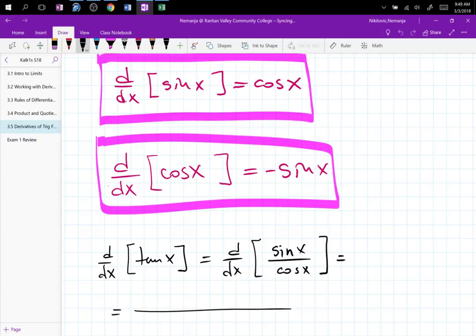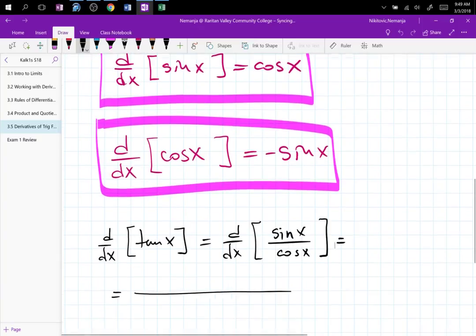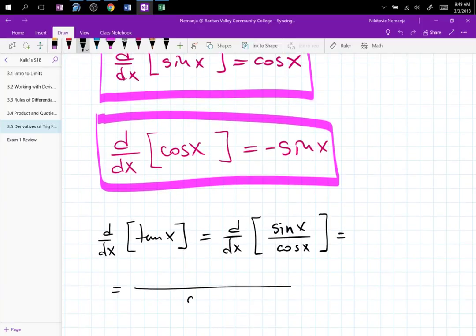Alright, so we know it's a quotient rule. Therefore, we take the denominator, square it, then copy denominator times the derivative of the numerator, which is derivative of sine is cosine x, very good, minus, then copy the top, which is sine x, and derivative of cosine is negative sine.